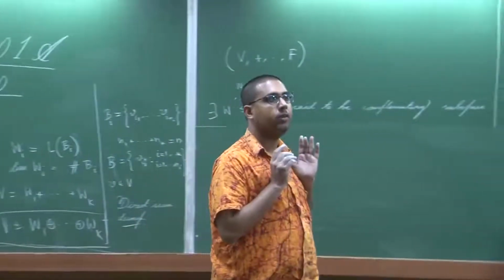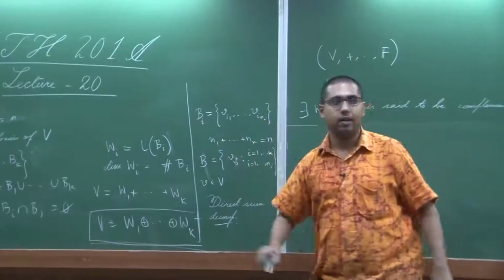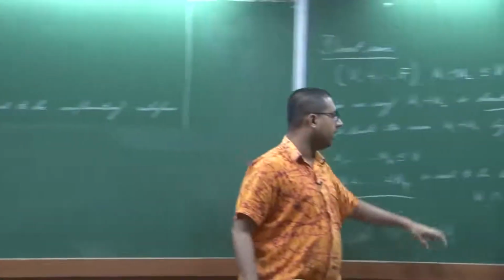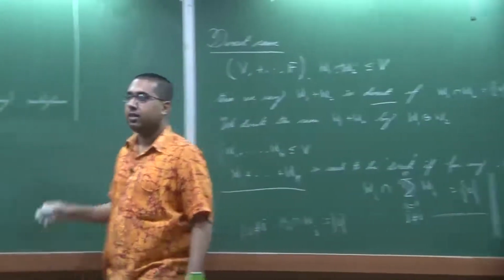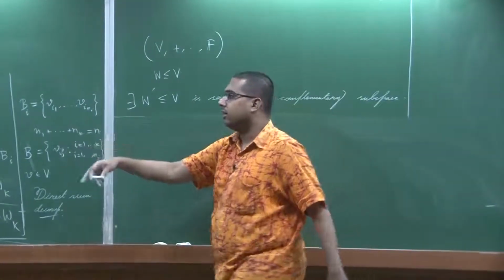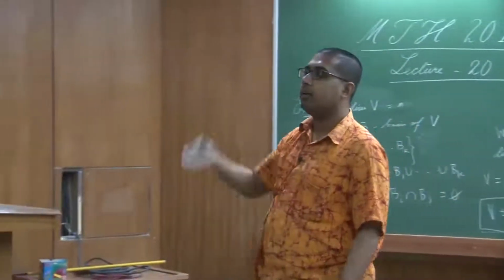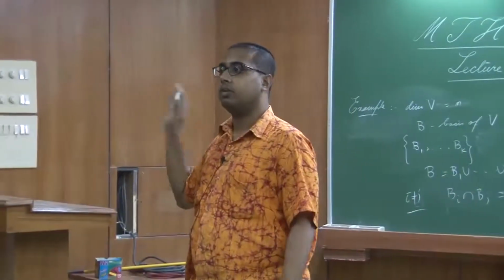Because if you remember, how did we do? We take a vector from Wi and say if the vector lies in the sum of other Wj's, then we write them as a linear combination of other Vrj's, and then bring everything on one side. From linear independence we are through.